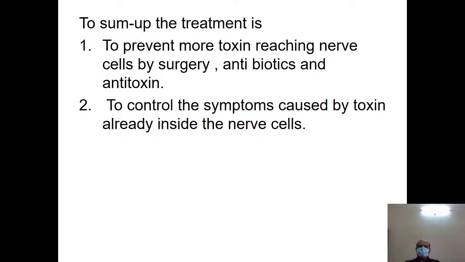To sum up, the treatment is to prevent more toxin reaching nerve cells by surgery, antibiotics, and antitoxin, and to control the symptoms caused by toxin already inside the nerve cells.